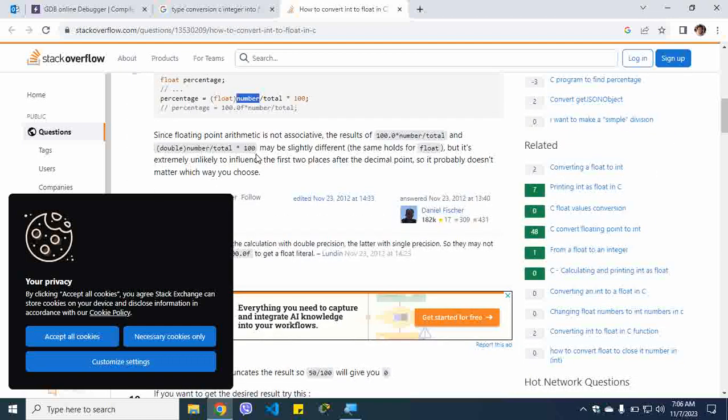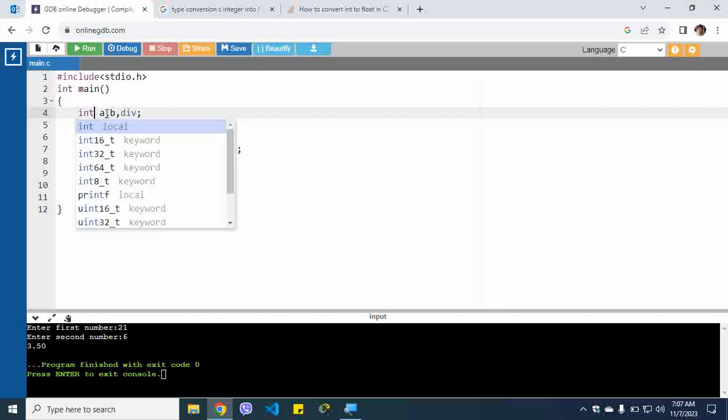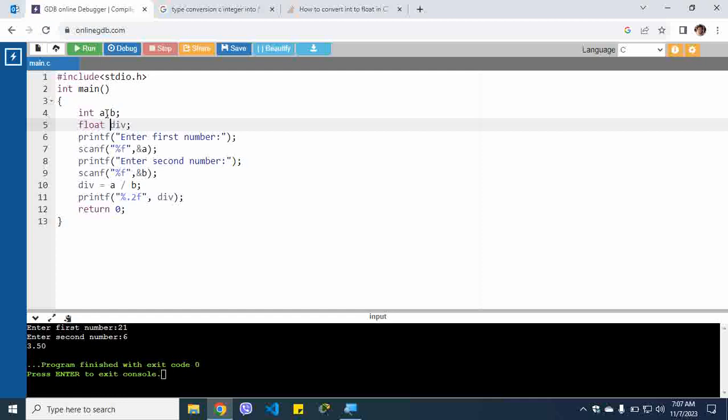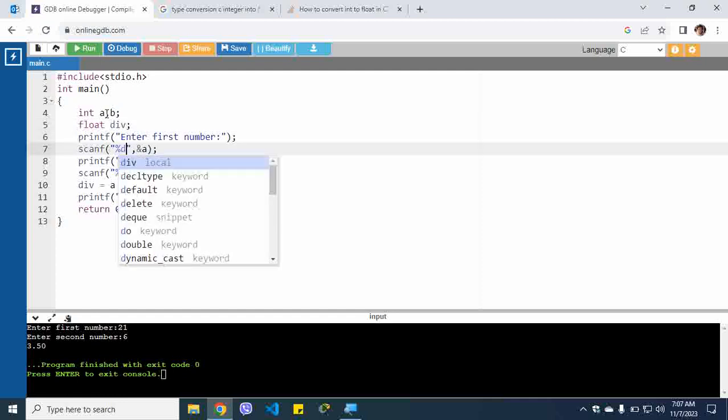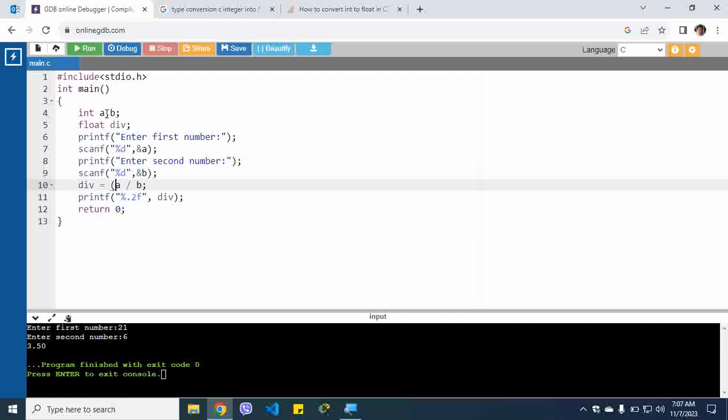So for example, this one only. Suppose this is our integer because we are giving the number, right? So what you have to do is put float here.